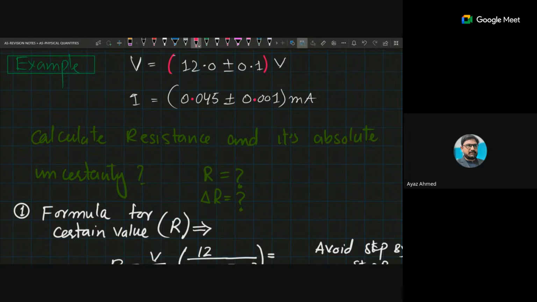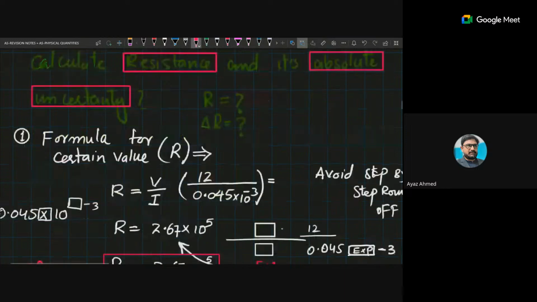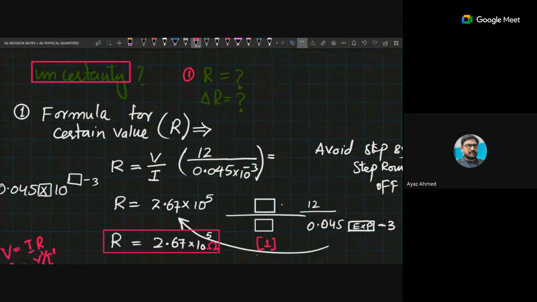Then I am interested in resistance. What I want to find out is resistance and its absolute uncertainty, right? So it means my first task is R and my second task is delta R.